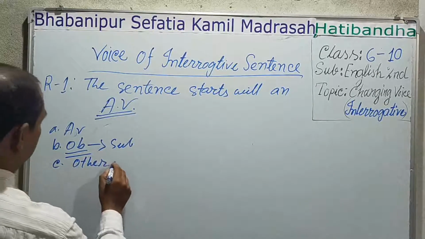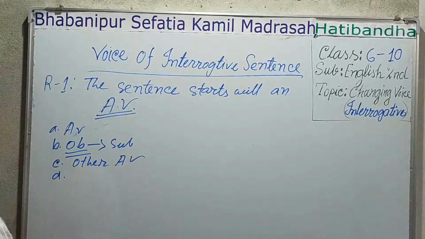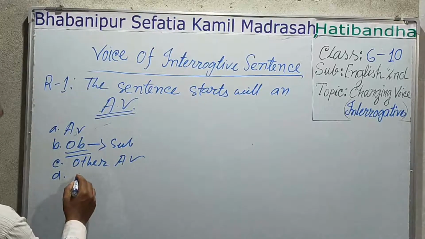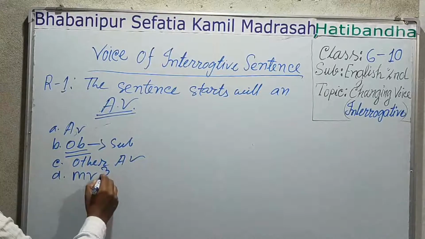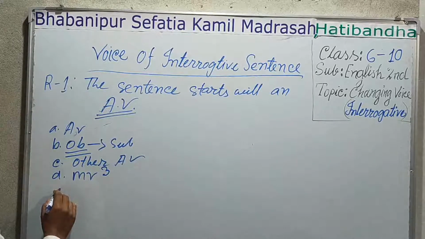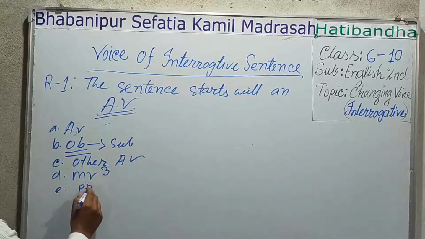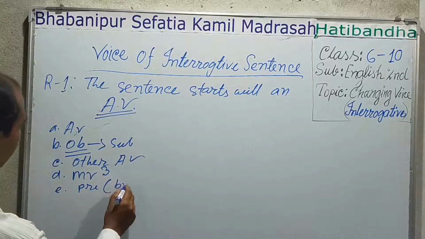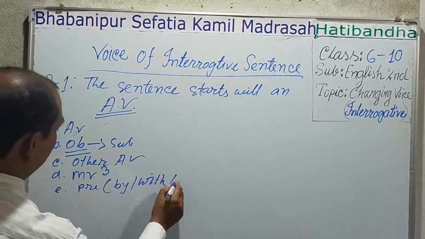Next, number C: other auxiliary verb. Number D: main verb past participle. E: preposition by, with or to.